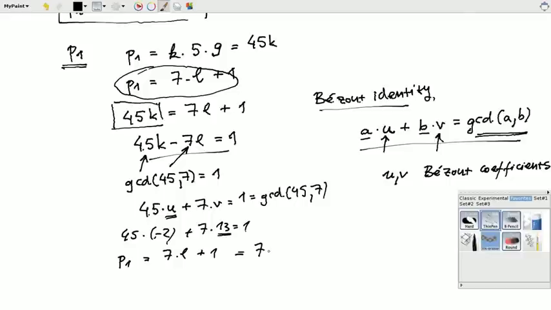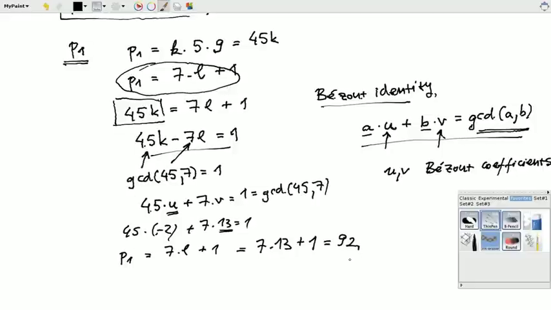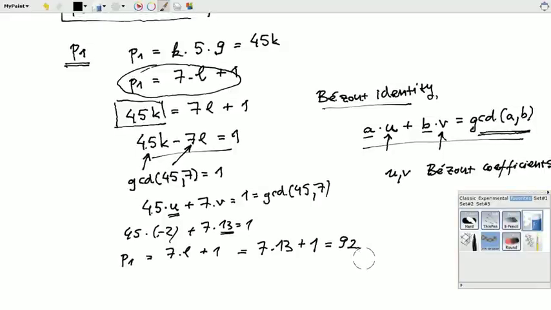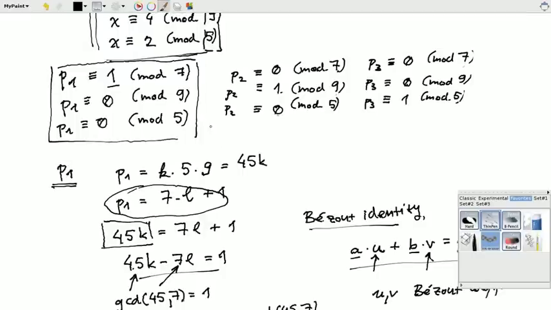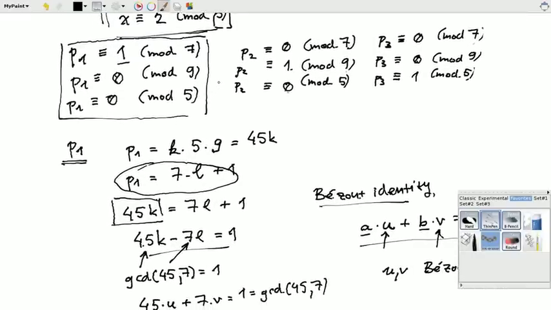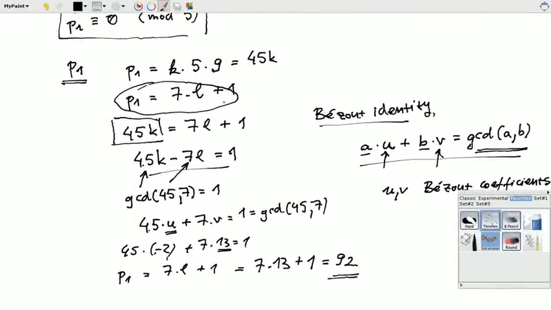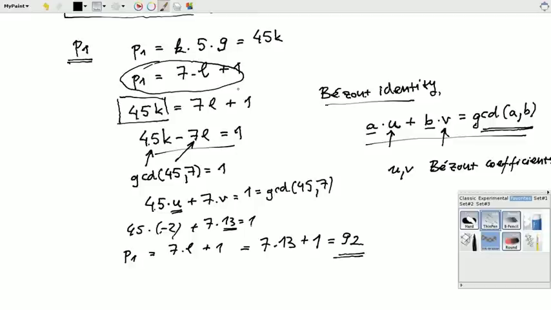So P1 is equal to 7 times 13 plus 1, which is equal to 92. Well, let's check that P1 has all the properties we wanted it to have. It should be congruent with 0 modulo 9. Well, it doesn't have the properties. I'm sorry, I must have done another silly mistake somewhere.